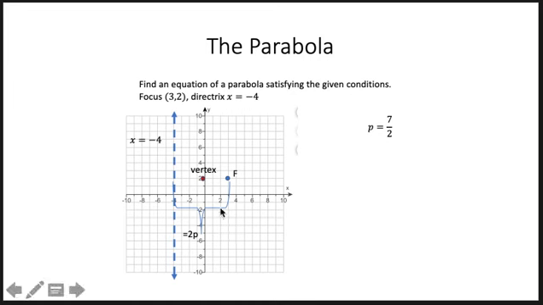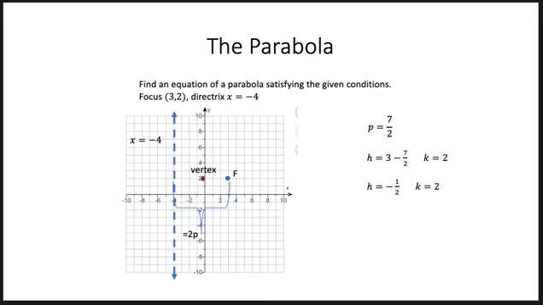So to find the vertex, we're going to go from the focus 3.5 units to the left. So the h value is going to be 3 minus 7/2. The k value doesn't change. We're still the same height, right? So h is going to be -1/2, and k is still 2. That's all I need to put it in the equation.